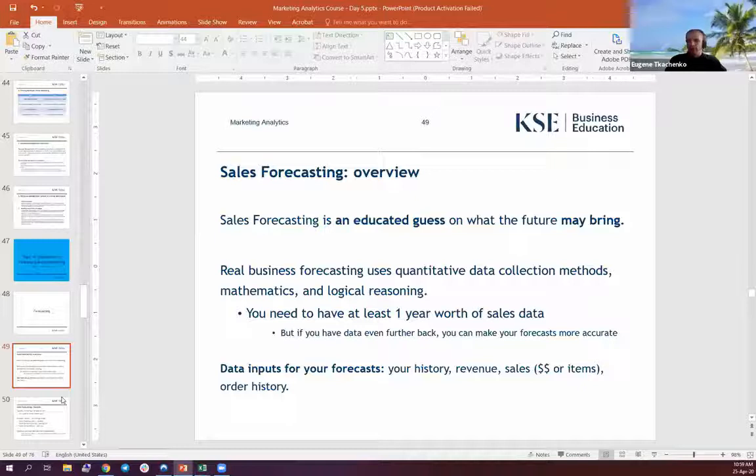So the thing about forecasting is that occasionally, for example once a year, you need to revise your forecast.